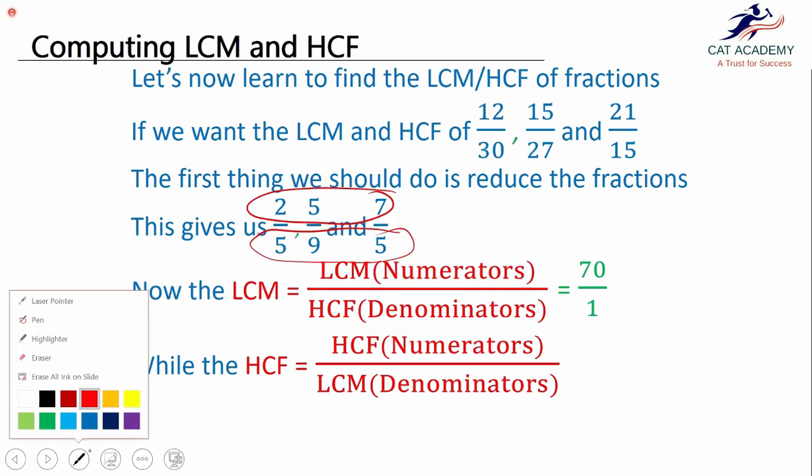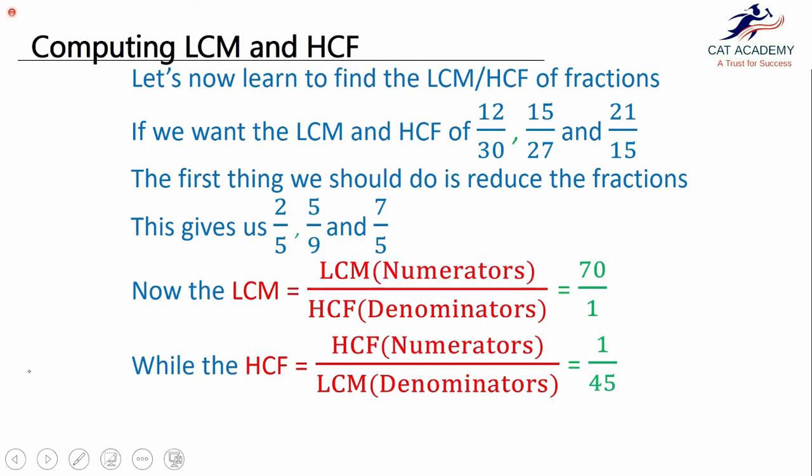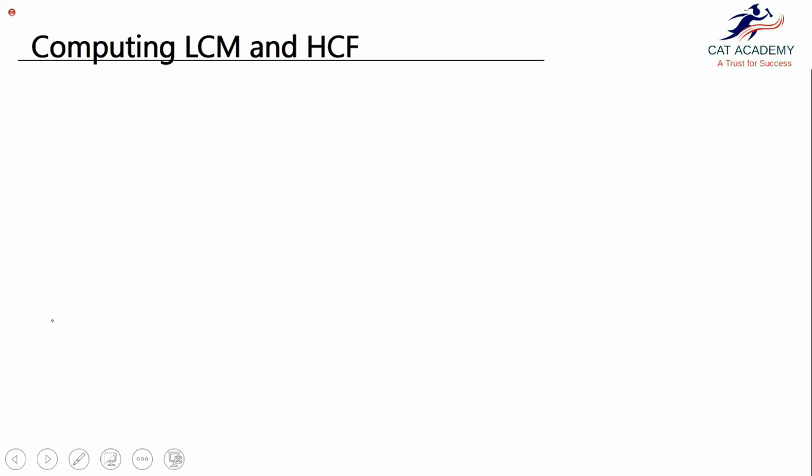So we'll write 45. So 1 upon 45 is my HCF of the fractions. Okay? Have we understood how to calculate LCM and HCF of fractions? Any difficulty in this? All right then, moving ahead.